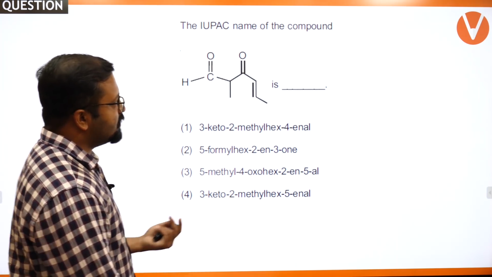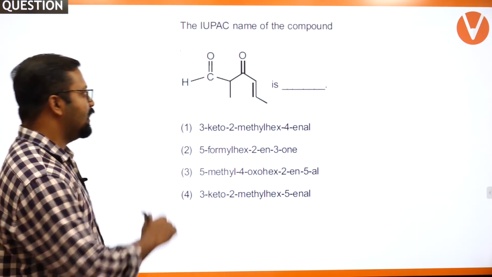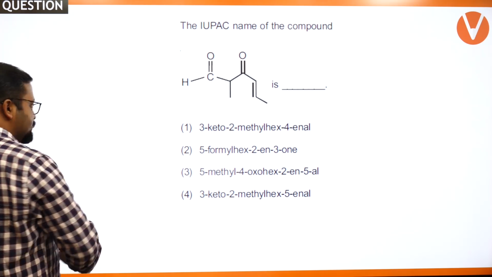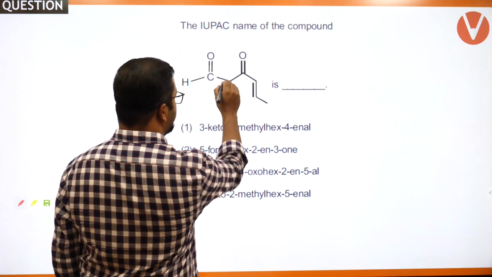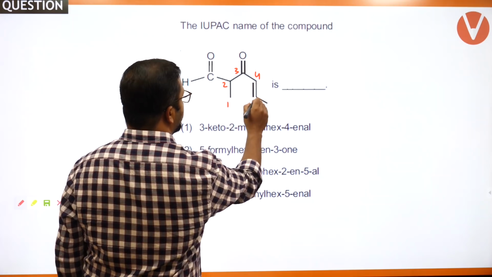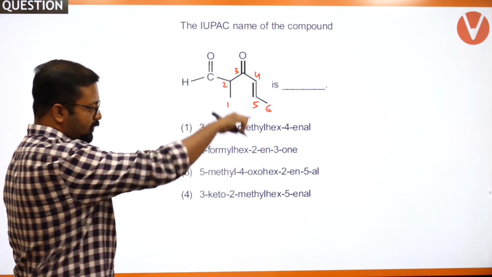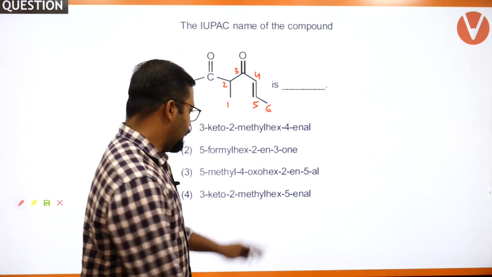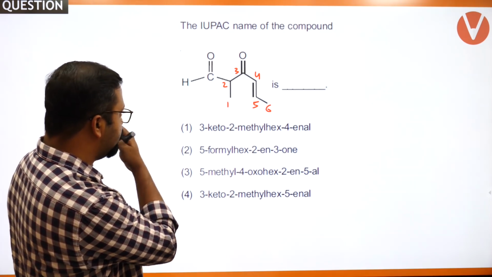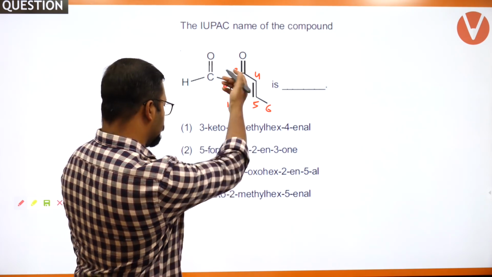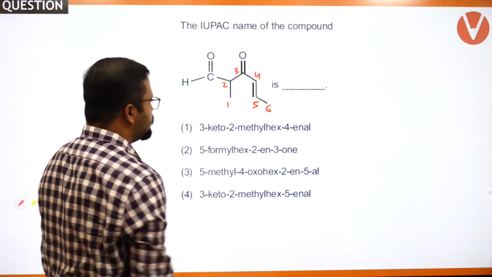Next, the IUPAC name of the compound is very simple. Aldehyde will get the first preference. हम numbering कहाँ से करेंगे? 1 2 3 4 5 6. So hex, 3 keto होना चाहिए.